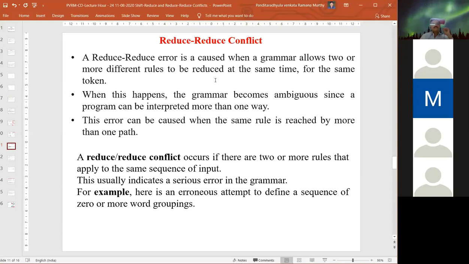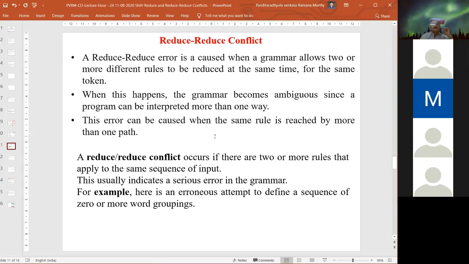A reduce error is caused when the grammar allows two or more different rules to be reduced at the same time for the same token or handle. When it happens, the grammar becomes ambiguous since the program can be interpreted in more than one way. Sometimes it goes in favor of production number one, sometimes production number two.